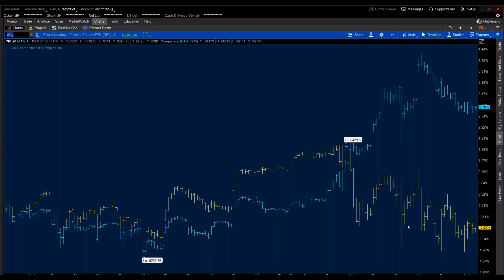Another thing that I think is a really great way of trading is if you were trading NASDAQ futures, which are the blue line right here, and you sell a NASDAQ future and you're bearish on it, instead of looking at the NASDAQ future as a stop, you could say, well, I want to stay in this trade until this line down here starts to rally, because it's a relative value trade.